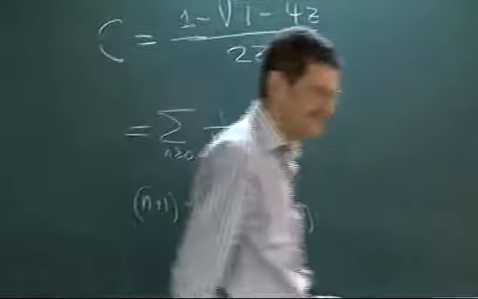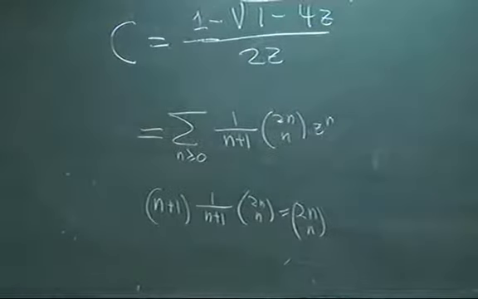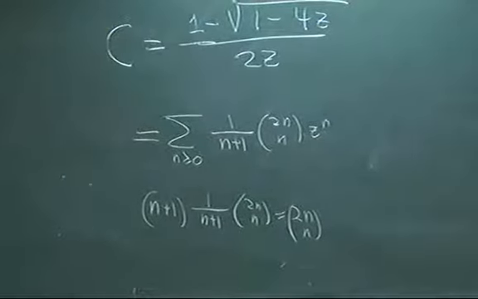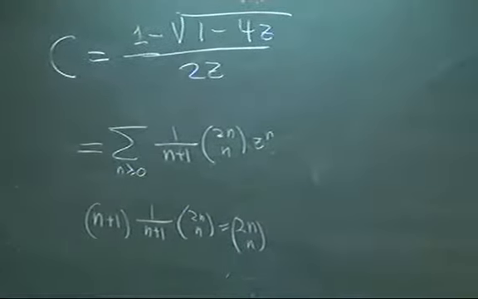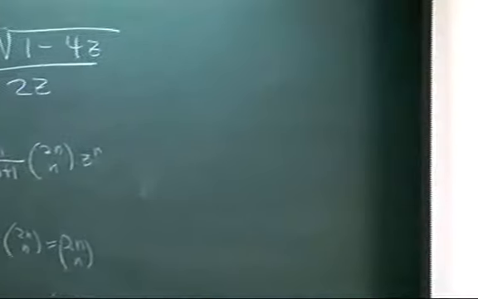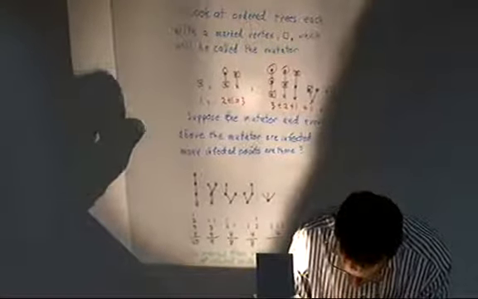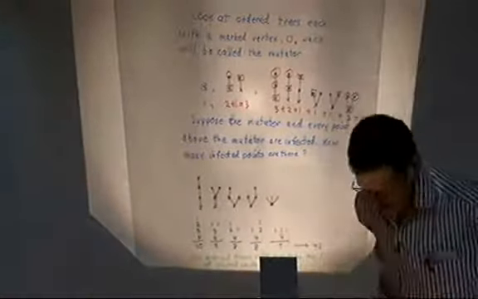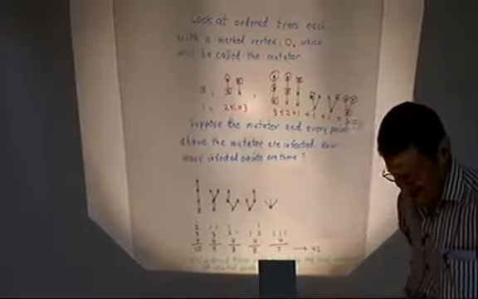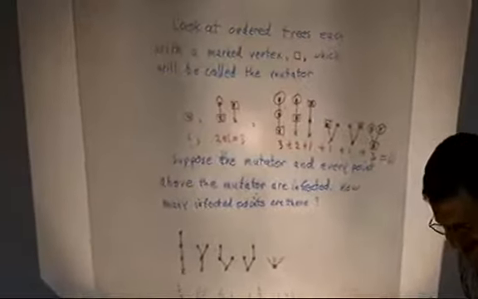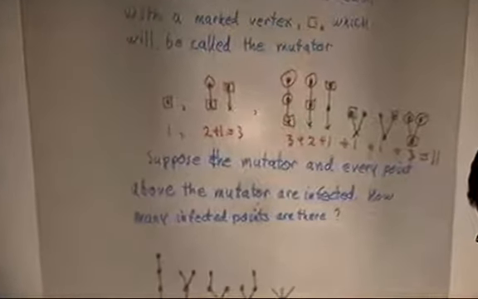So this particular fact is quite easy to see. Okay, now let's look at the number of points, including the mutator, that are above the mutator.